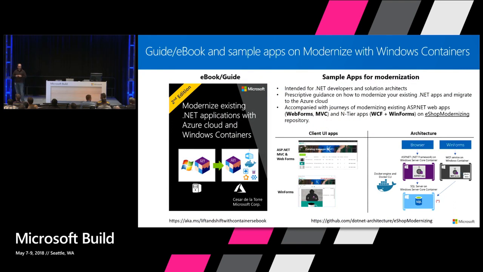This is the ebook I was mentioning, focusing on how to modernize these .NET applications with containers. The reference apps are an ASP.NET MVC application, traditional web forms, and also WCF, and how you can containerize that with Windows containers and run it in multiple environments in Azure.